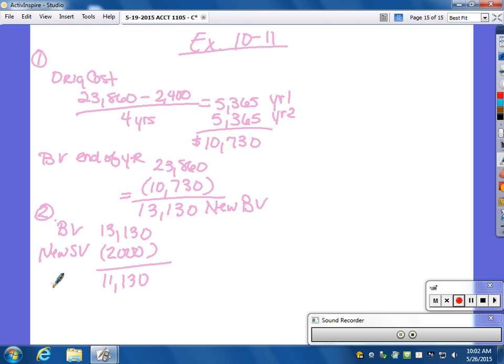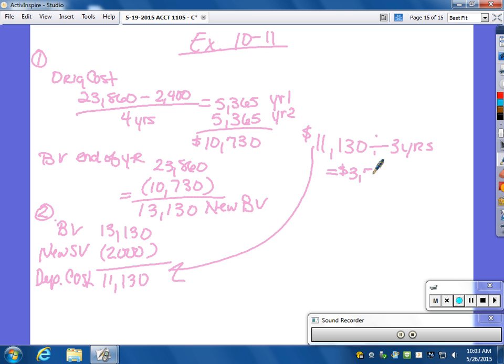Now we have to divide by 3 more years. So we take that 11,130 and divide it by 3 years, which gives us a depreciation of 3,710 every single year for the remaining 3 years.